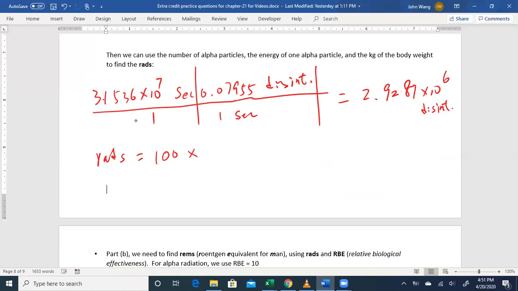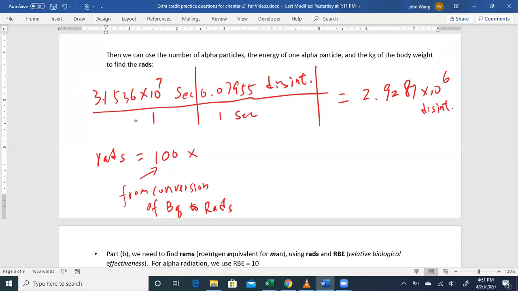The 100 comes from the conversion between units, from the definition of the conversion of becquerel to rad. If you don't multiply by 100, you get the so-called becquerel.